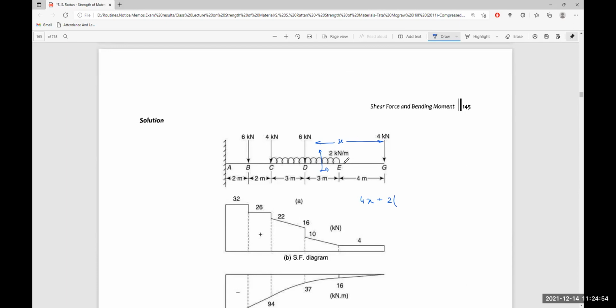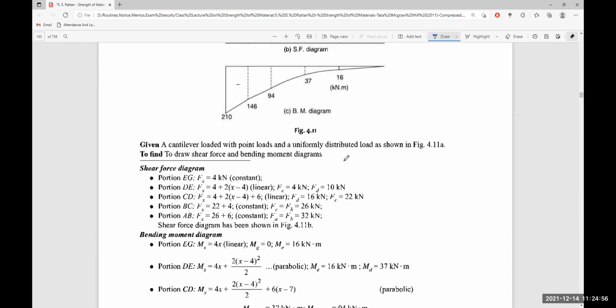The section is here, so 2 into x minus 4.